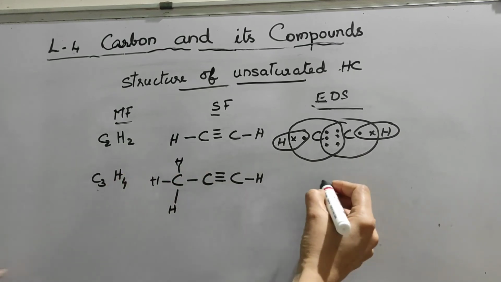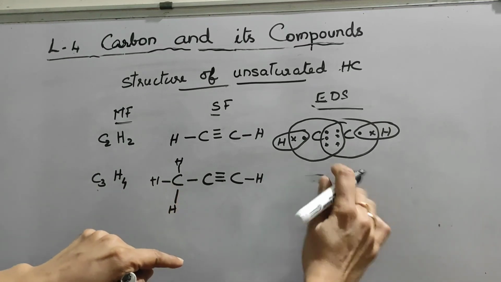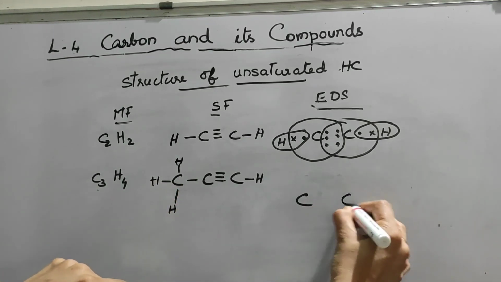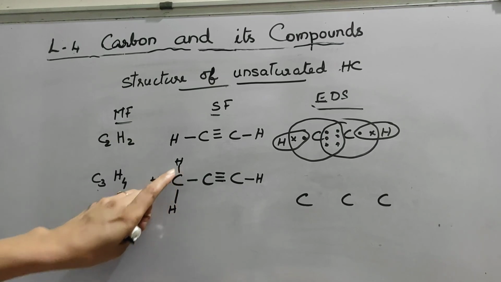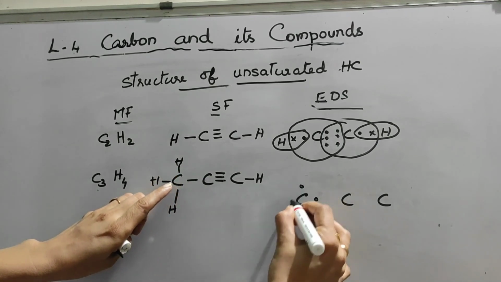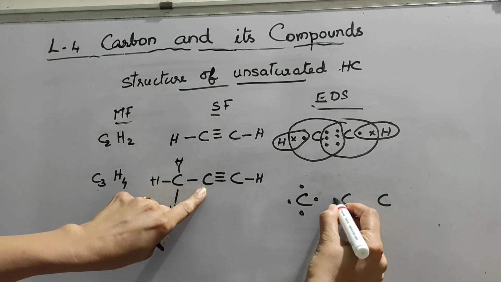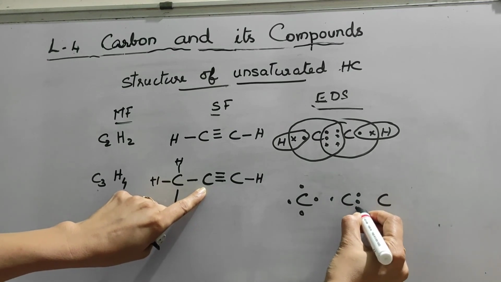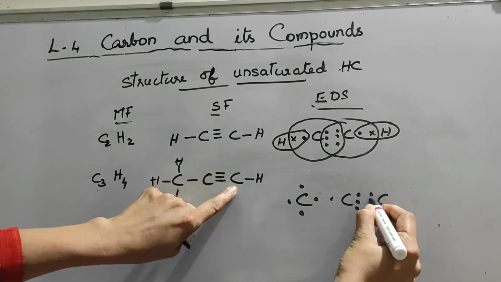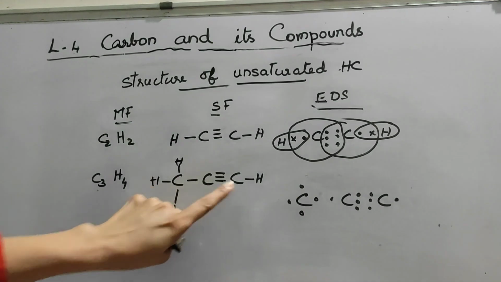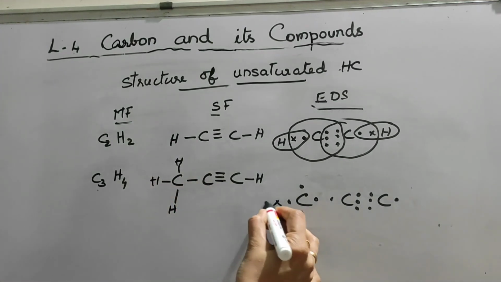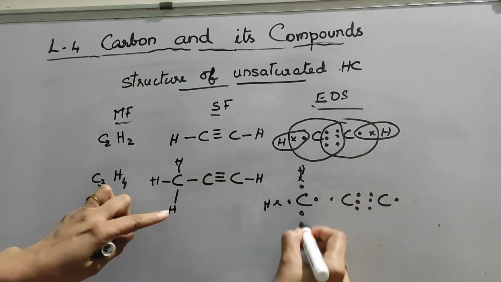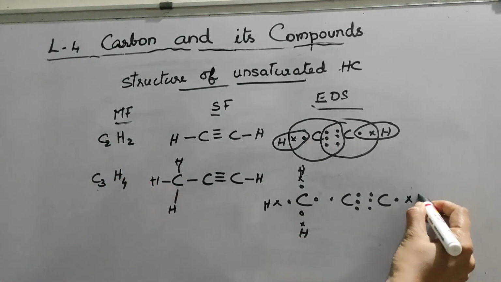Same way, electron dot structure. 1, I am writing down 1, 2, 3. Here 1 electron on 4 sides: 1, 2, 3, 4. Look at the second one. Here it is 3, 1, 2, 3. Last carbon, 1, 2, 3 and here 4. And fill the hydrogen, 1, 2, 3. Here it is 4.